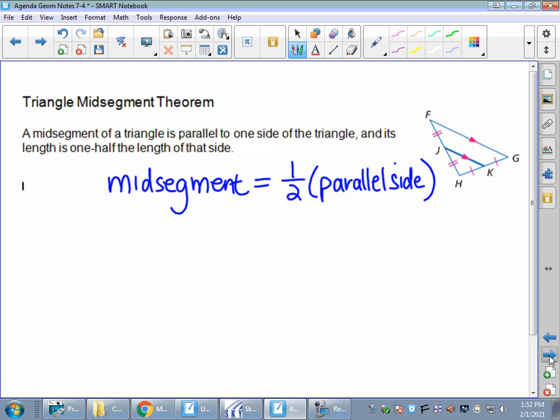So if side FG is 32, side JK has to be half of that, right? 16. Or if I said that side JK is 28, we double it to get to FG, 56. This is technically the same. Remember doing this for trapezoids, if this is the mid-segment?